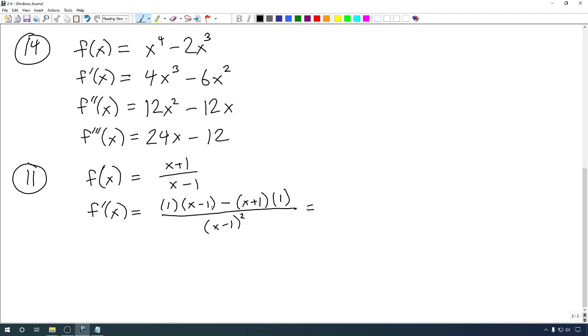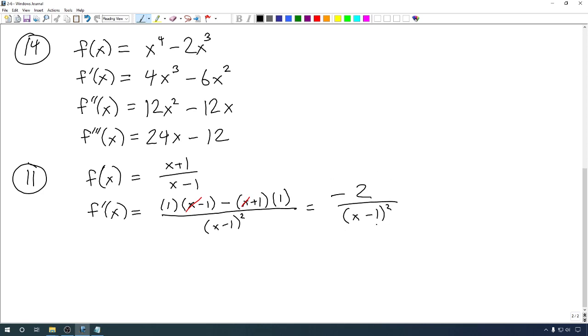We're just taking x minus 1 minus x, and remember to distribute that negative, so we have a minus 1 as well. So we have an x minus an x. Those actually cancel each other out. But then we have a minus 1 minus 1. So we end up with a negative 2 over x minus 1 squared.